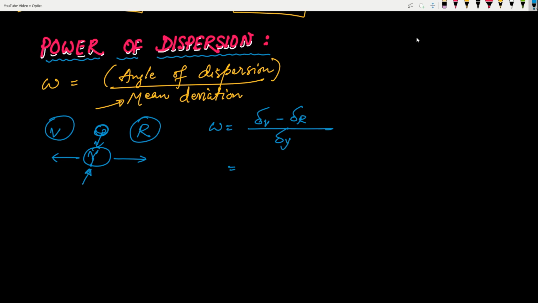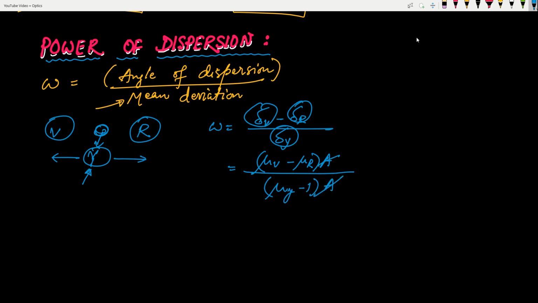If you write this deviation in terms of refractive index, we get (mu V minus mu R) times A. This I have already derived, and delta Y will be (mu Y minus 1) multiplied by A. So A got cancelled. Therefore, power of dispersion omega or W is equal to (mu V minus mu R) divided by (mu Y minus 1). Okay, so this is the formula.